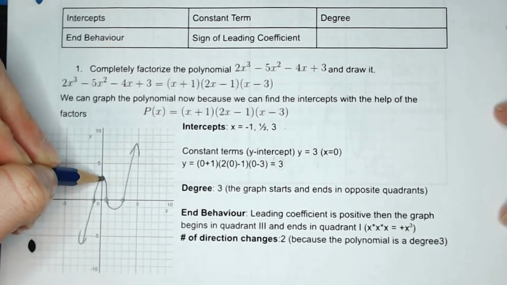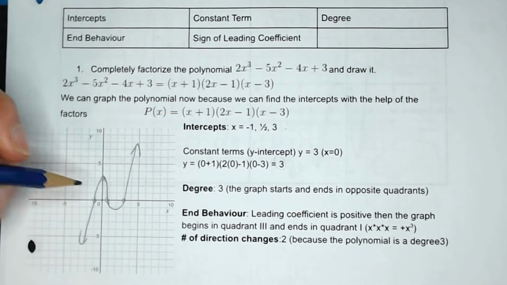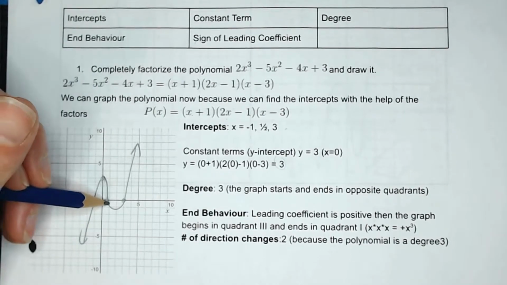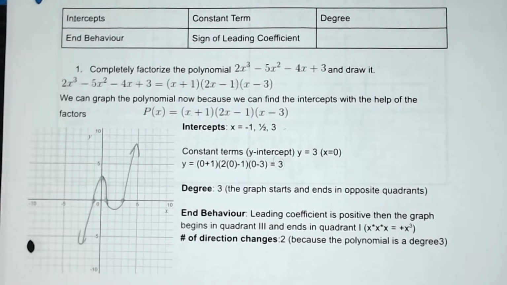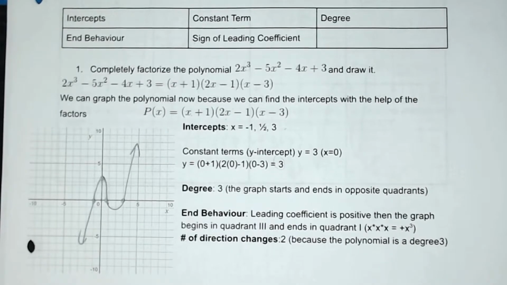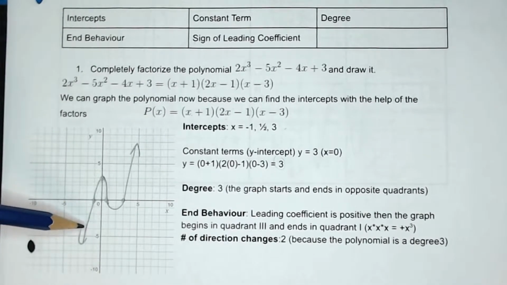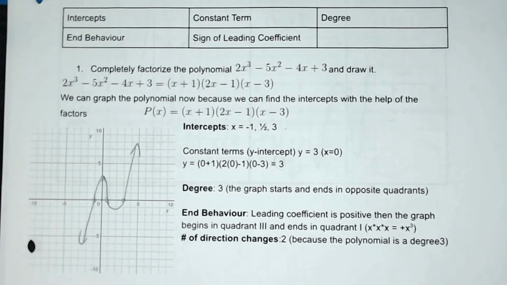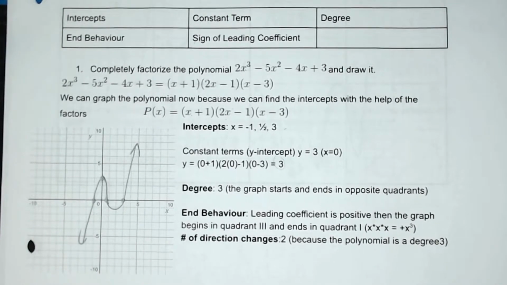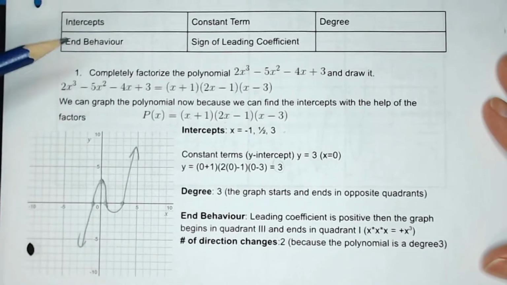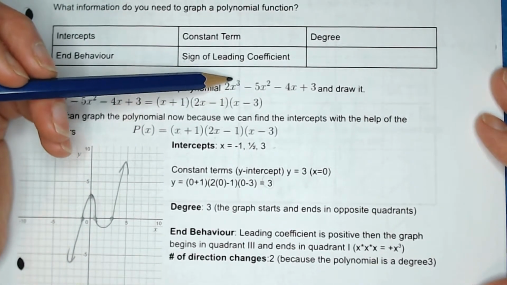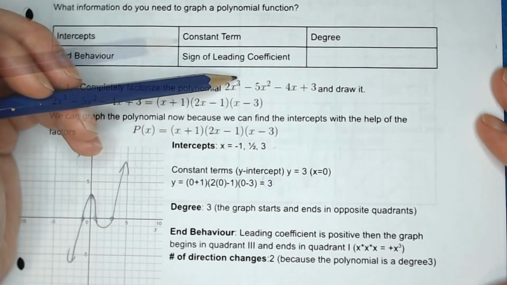So you can also draw that on there. Now the in-betweenies between these points don't really matter too much as long as you have the correct shape and the direction of the graph is reflective of the information that you've gotten from the function. So you can see in this one, we have a polynomial with a degree of 3.